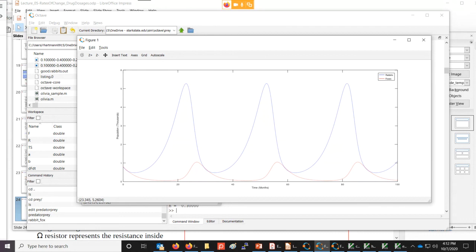Okay, and again, the population is in thousands. So this means up here at the top, this first peak is above 5, so there's over 5,000 rabbits. And at that time, there's maybe, I don't know, 300 foxes or something. So 5,000 rabbits, 300 foxes. But see, there's lots and lots of rabbits, so there's lots of food.